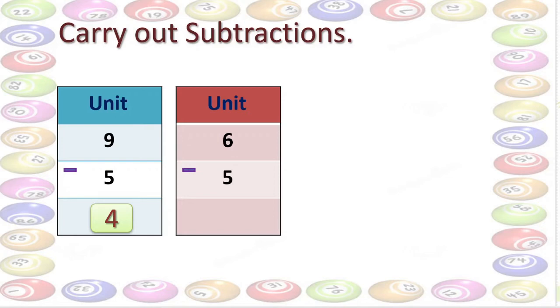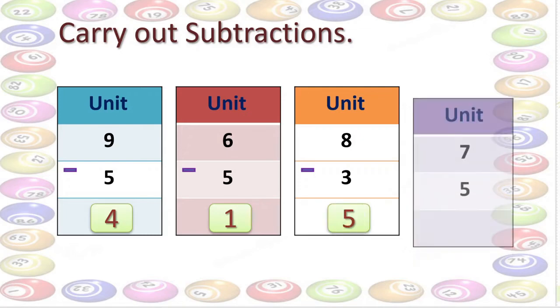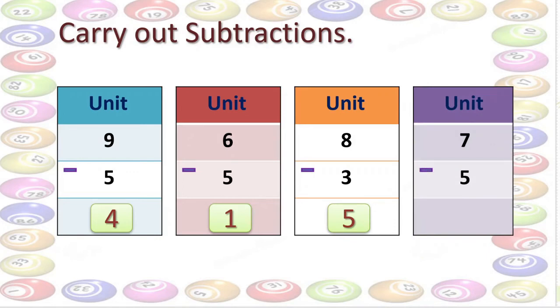6 minus 5. How much? 1. Very good. Next, 8 minus 3. You can use your fingers. Very nice. 5 remained. 7 minus 5. Good. 2.